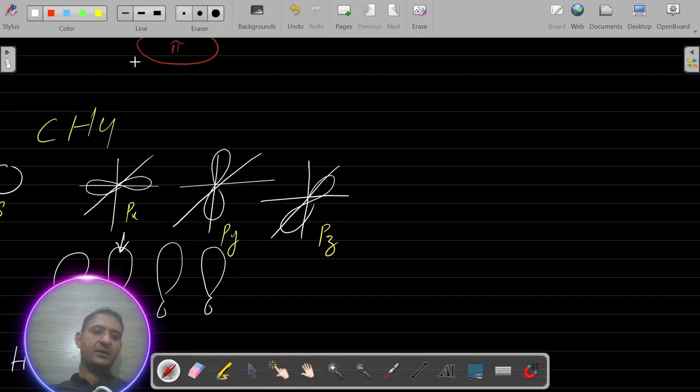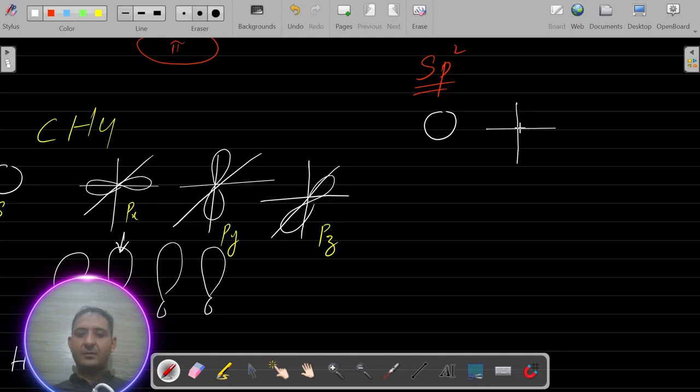So now we will talk about sp2 hybridization and we will solve some examples of sp2. For sp2, it means we have one s and two p. For example, we have px, here we have this py, and here I am drawing with yellow color the pz, on the z-axis.